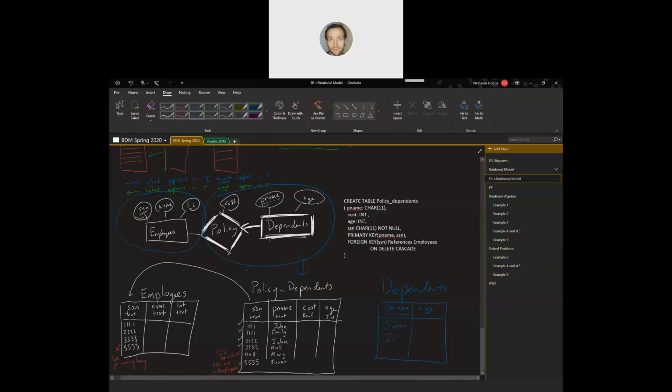This would not be allowed because it's a repeat of a primary key. But as you see in this table, this is an entry that should be allowed. You could have two Johns that share the same pname because the differentiating factor is the social security number. So in this case, you must combine them into one big table like this.